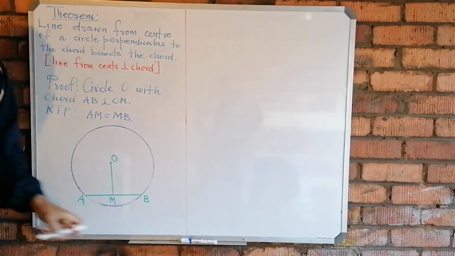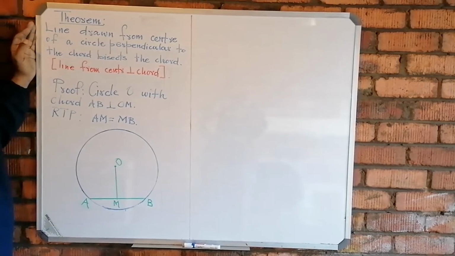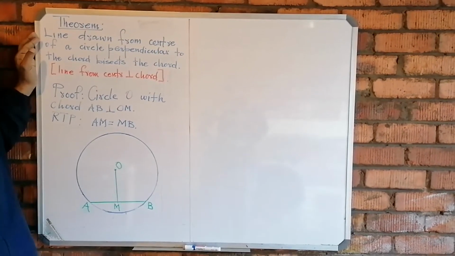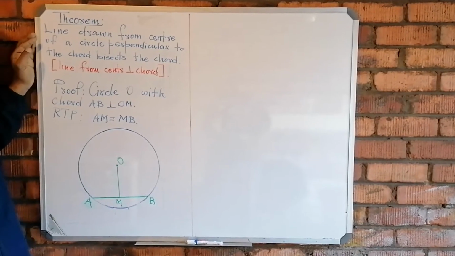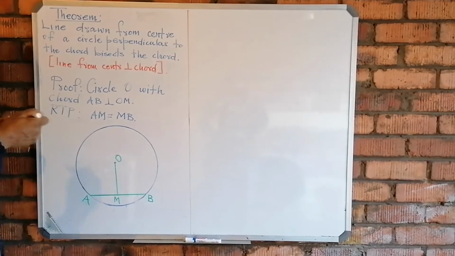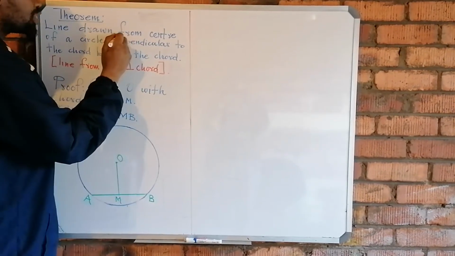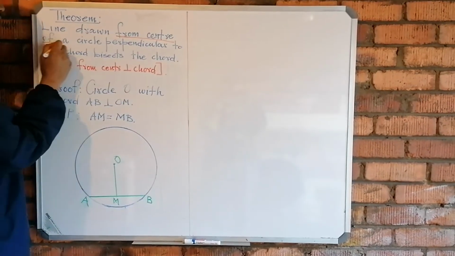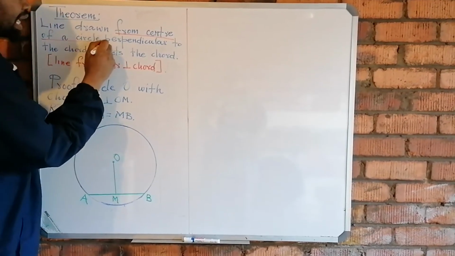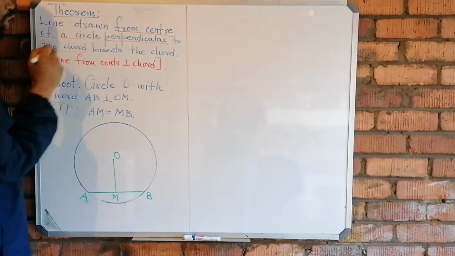Now, the theorem we are dealing with today states that a line drawn from the center of a circle perpendicular to a chord. Very important to understand. A line is drawn from the center of a circle, and that line is drawn perpendicular to the chord.